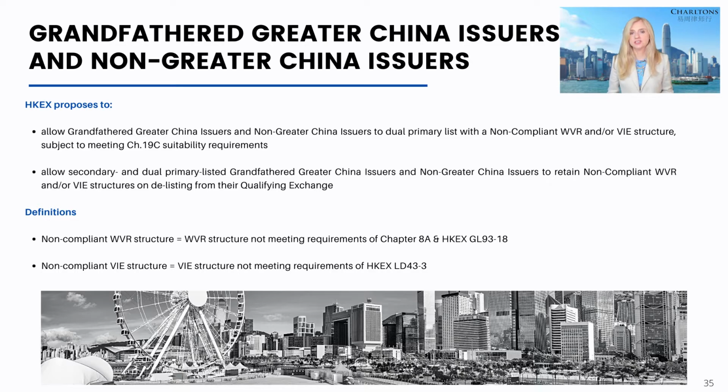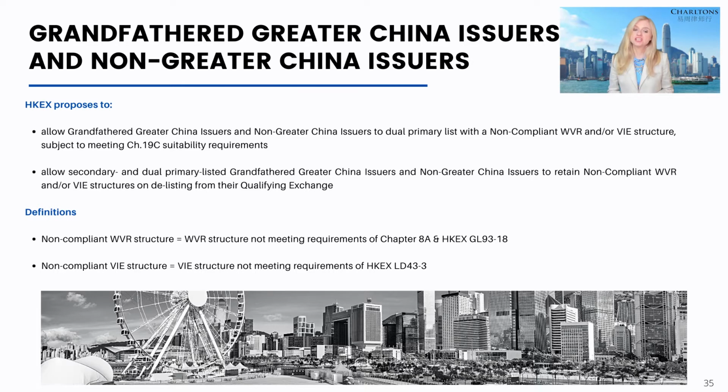The Hong Kong Exchange is therefore proposing that grandfathered Greater China issuers and non-Greater China issuers should be allowed to dual primary list directly on the exchange and be permitted to retain their non-compliant weighted voting rights and/or VIE structures.